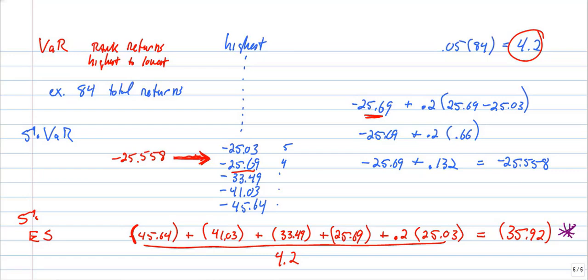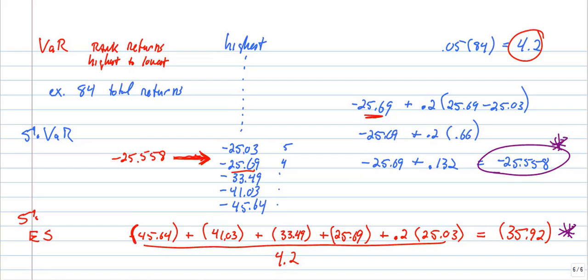The 5% value at risk was this number, which was negative 25.558. As you can see, the expected shortfall is more pessimistic. It's more negative. So really, what's the difference between these two? The difference is that the 5% value at risk gives you the most optimistic outcome of the worst observations.